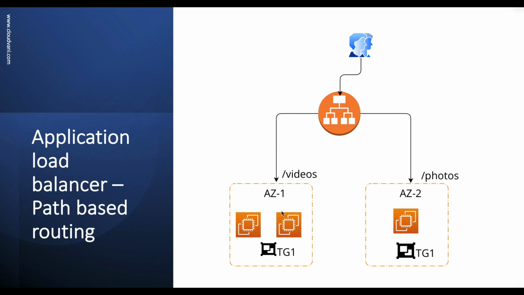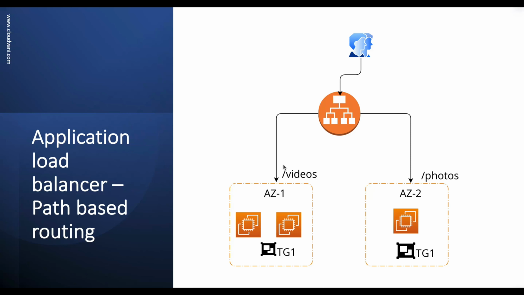So you can mention the traffic should go either 50-50 or based on the percentage you provide. It's just based on how much load your EC2 is going to handle, so that you can divide the traffic between the instances configured under TG1, the target group 1.